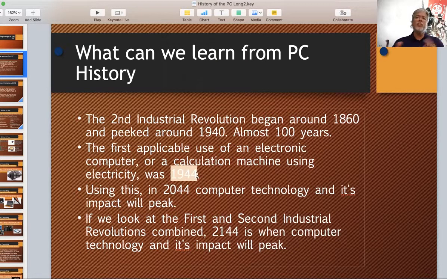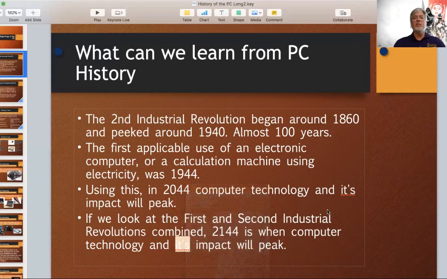If we take the Industrial Revolution as a scale and ask how long it took to peak, then somewhere around 2044, and we're getting close to that, the impact of the technology will reach its peak, meaning that computer technology will not advance any further as far as being involved in society.